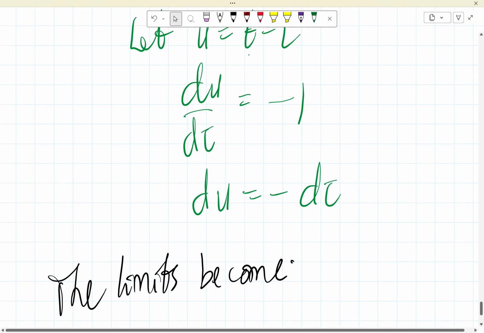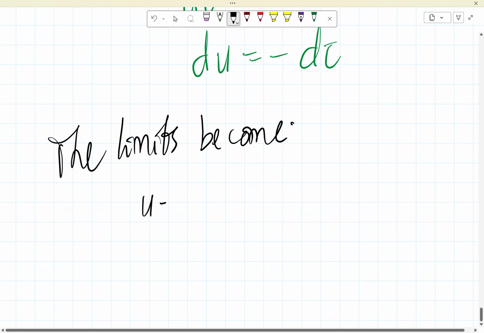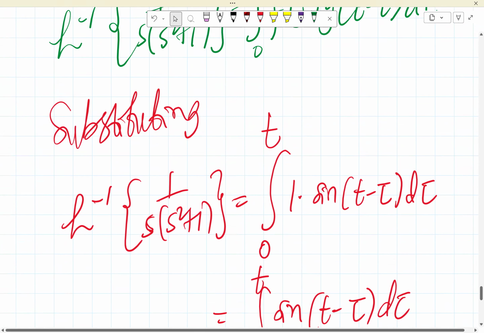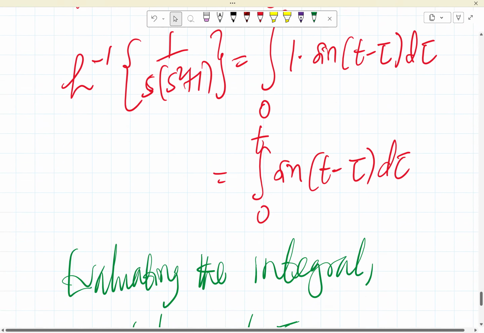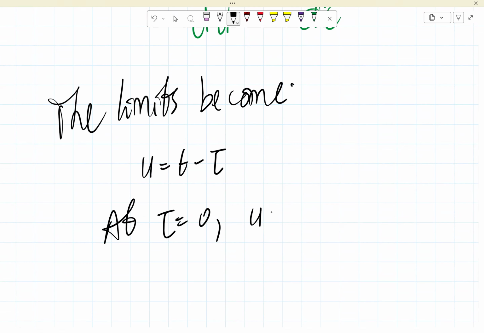Since we let u be t minus tau, for the lower limit, when tau is 0, we have u equals t minus 0, which implies that u is equal to t.